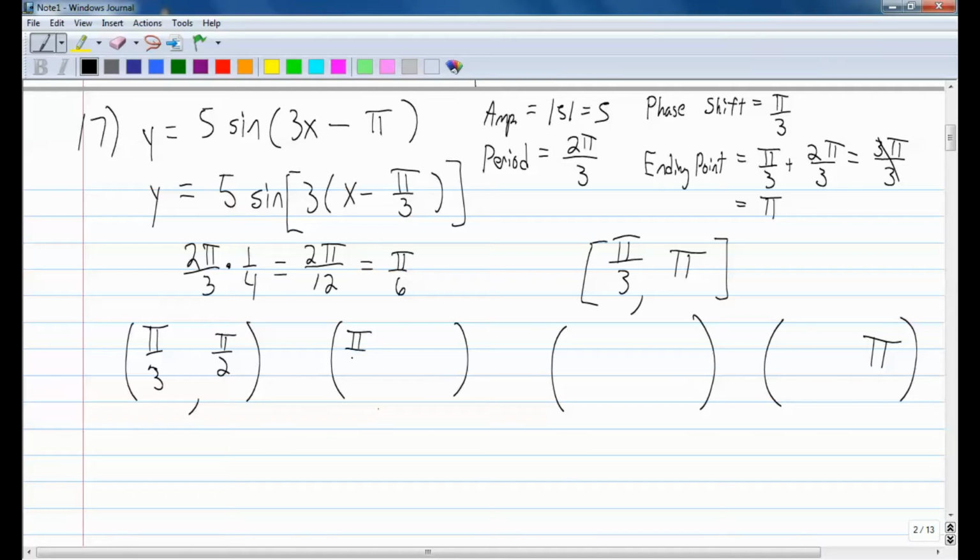And so we start the next subinterval with the last significant point, add pi over 6 to that, get a common denominator of 6. That would be 3 pi over 6 plus 1 pi over 6. That's 4 pi over 6, which reduces to 2 pi over 3.